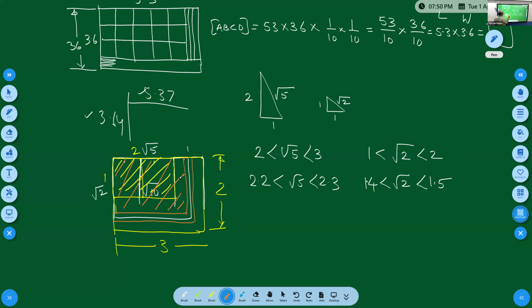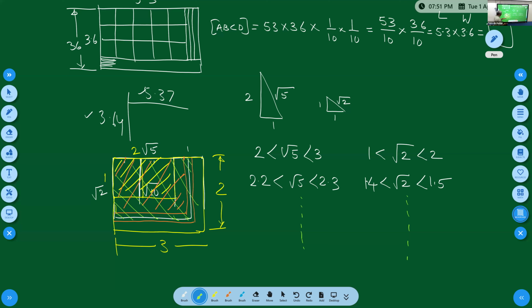So the orange area is a little smaller than the required area, and the green area is a little more than the required area. Yes, we are done. And then you continue doing this, and in the case of irrationals, if we have 100 digits over here, then for all practical purposes, we are done.